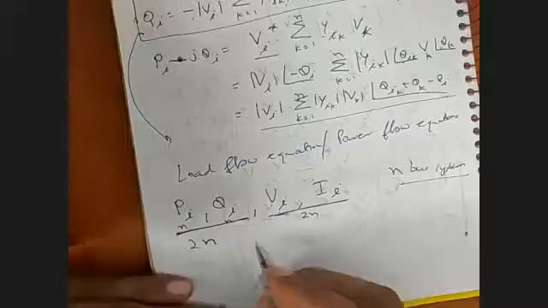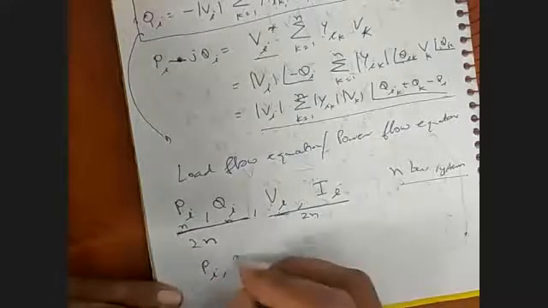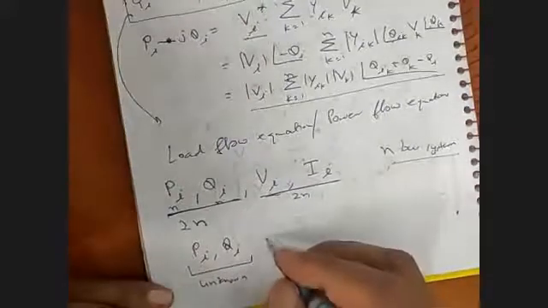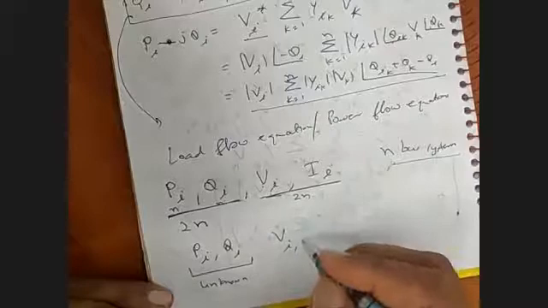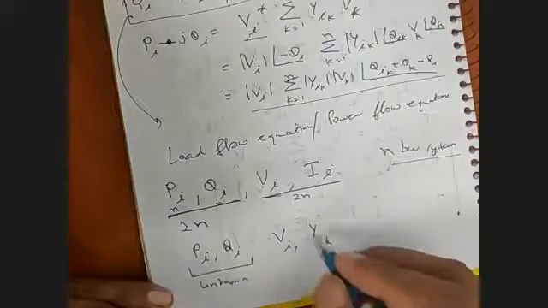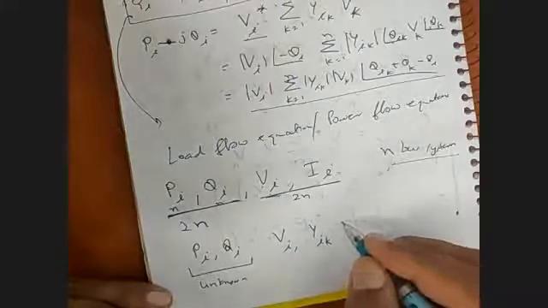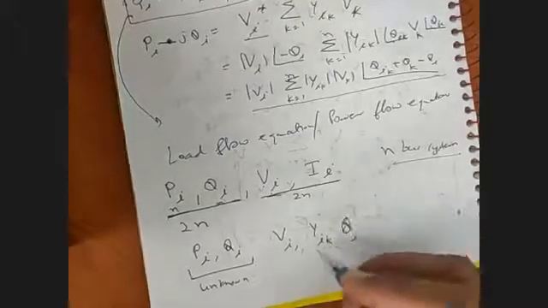So for simplicity, we can say we have Pi and Qi as unknown quantities, and Vi, Yik, and delta i. We have four variables: theta i, Vi, Pi, and Qi.